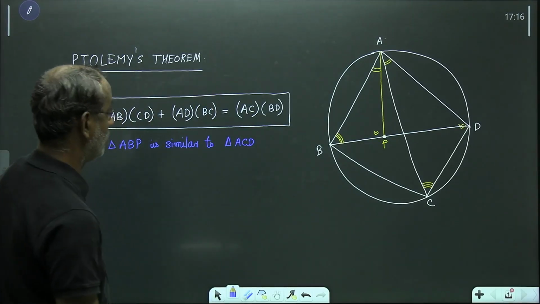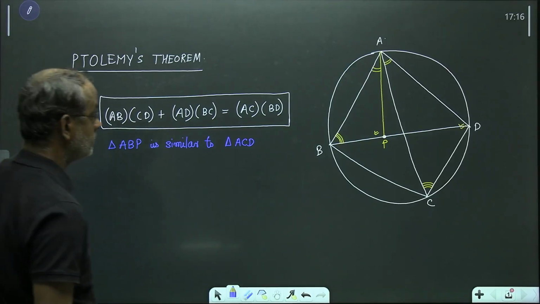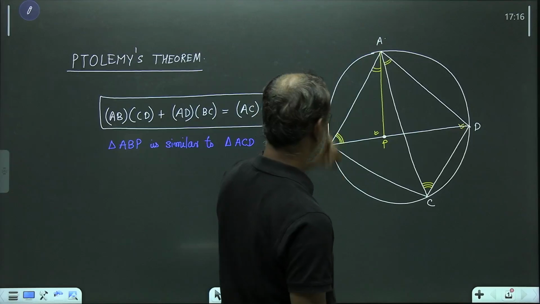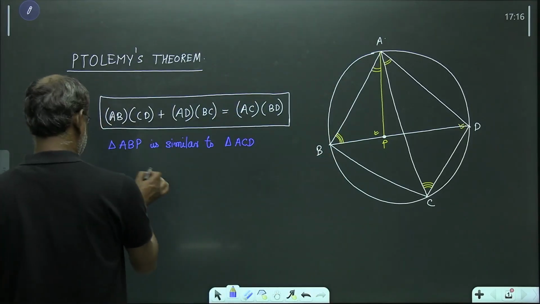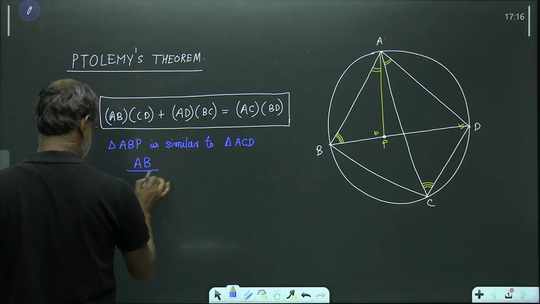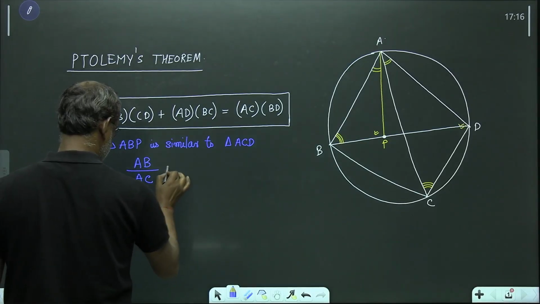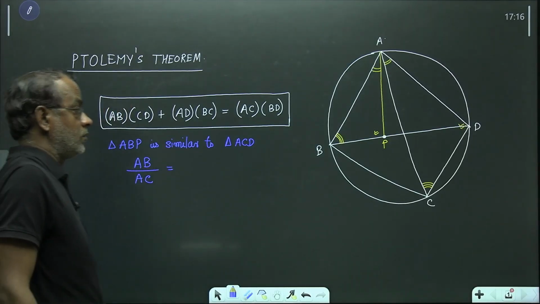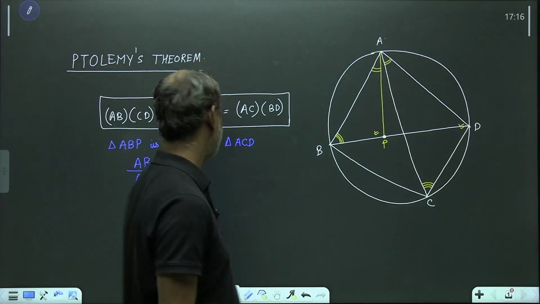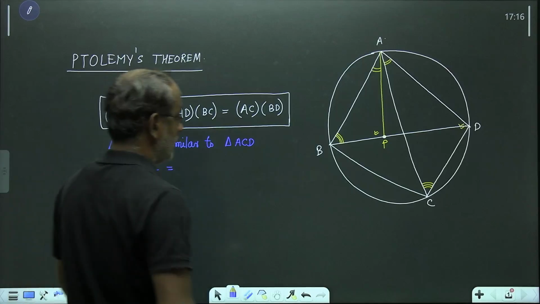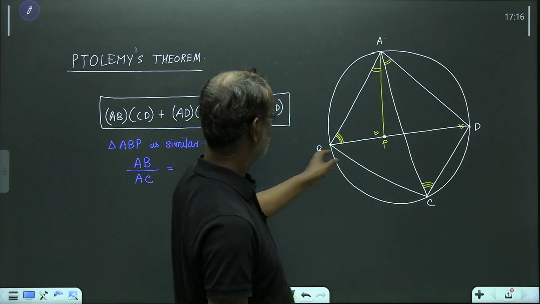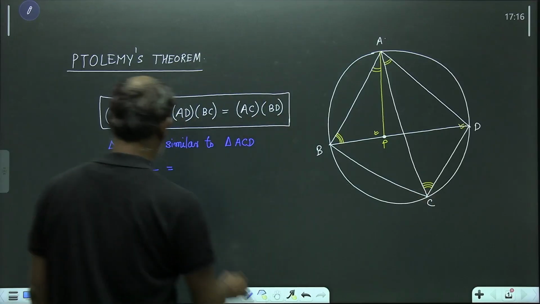Therefore, what are you going to say? AB upon AC is equal to BP upon AD is equal to BP upon CD.